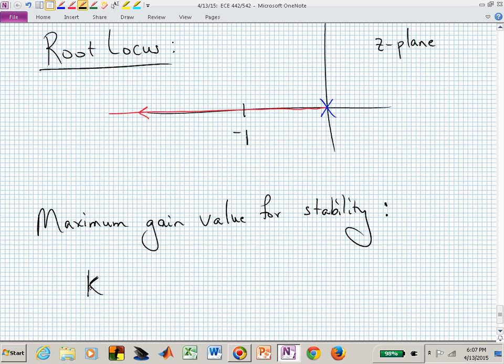Is it clear now that we want to look at the gain when z is right on the unit circle, or when z is equal to minus 1? It doesn't make any sense to evaluate k with z equal to 1.